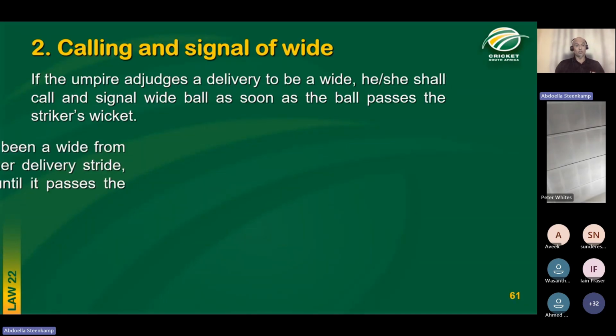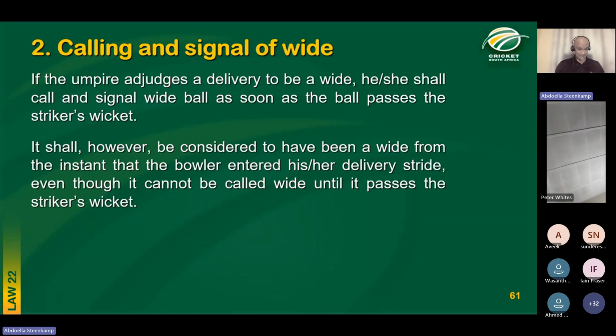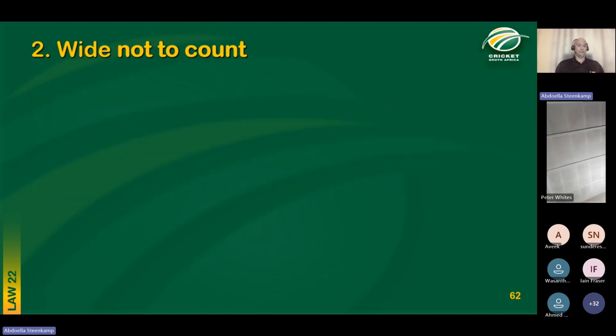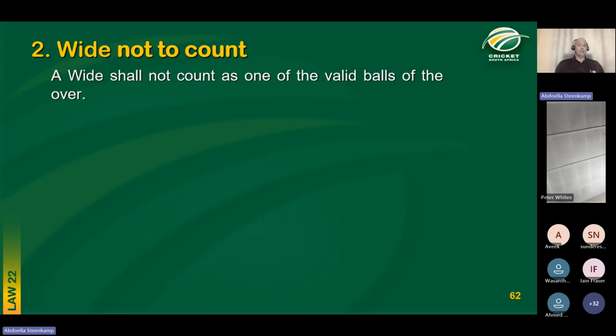So wait till the ball passes the striker's wicket, then call and signal wide if it is wide. But according to the law, technically the ball is already wide as soon as the bowler enters his or her delivery stride. Wide does not count as one of the valid balls of the over and needs to be rebowled.